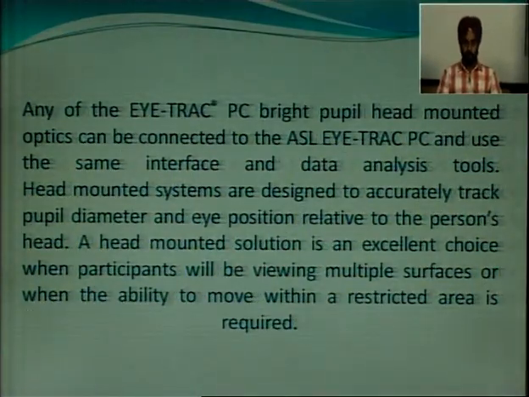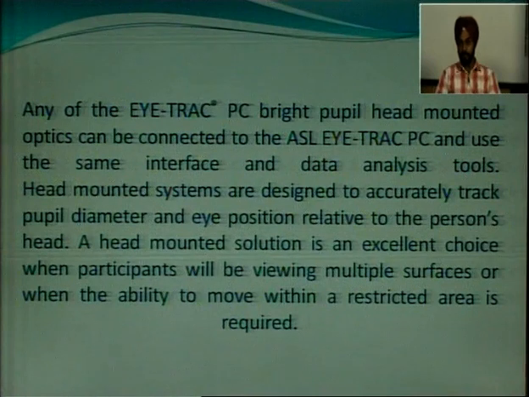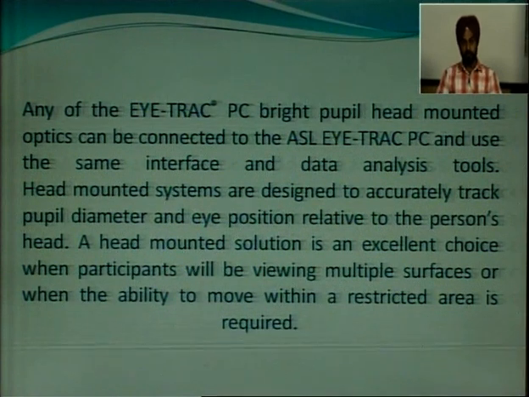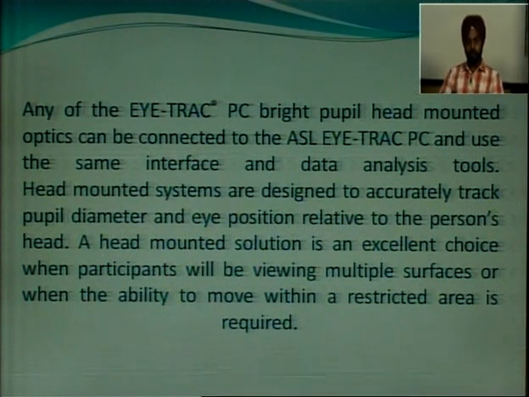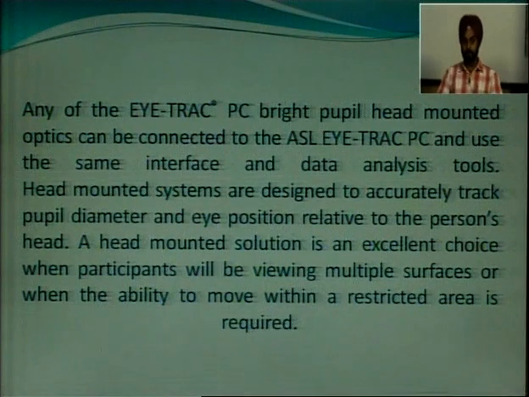So, any eye tracker PC, head mounted optics can be connected with the ASL eye tracker PC, using the same interface and data analysis tools. The head mounted system is designed to accurately track pupil diameter and eye position relative to the person's head.